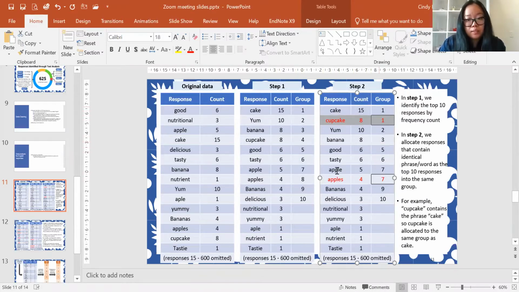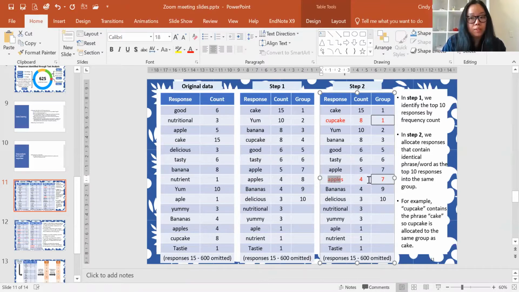And it goes down the list. For example, apple was in group 7 because it was the 7th most common response with 5. Then it searched the remaining responses and found apples. Apple appears in apples, so they are allocated to the same group. So step 2 only looks through the whole data set and finds anything that contains the identical word from the top 30 in the remaining responses.